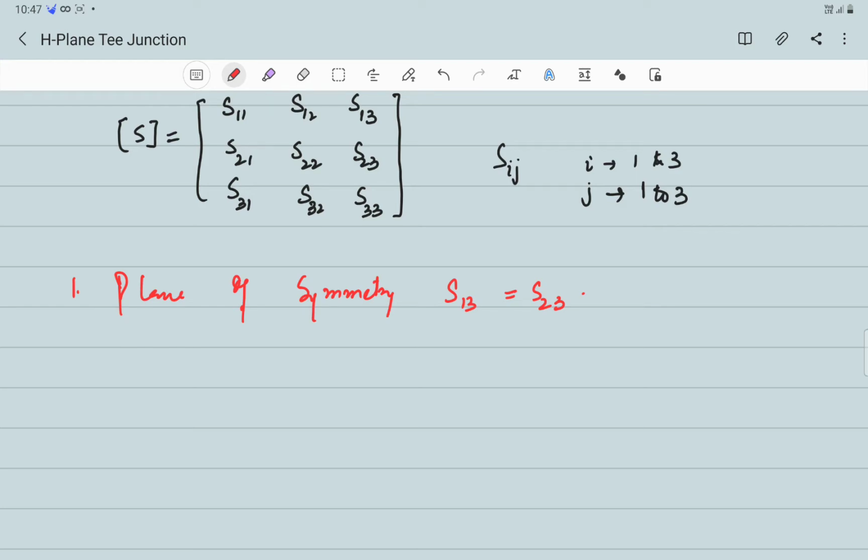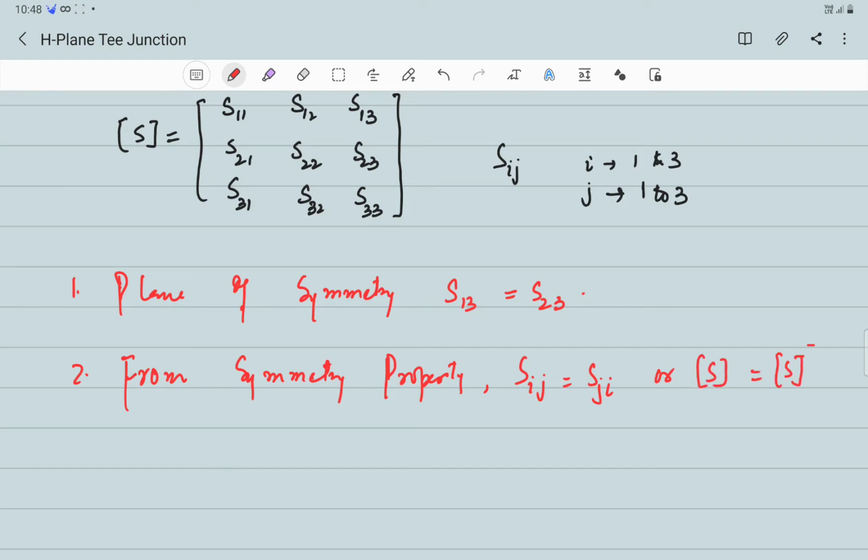Again, we know from the symmetry property that Sij is the same as Sji in general. The ijth element is the same as the jith element, or S is the same as S transpose.